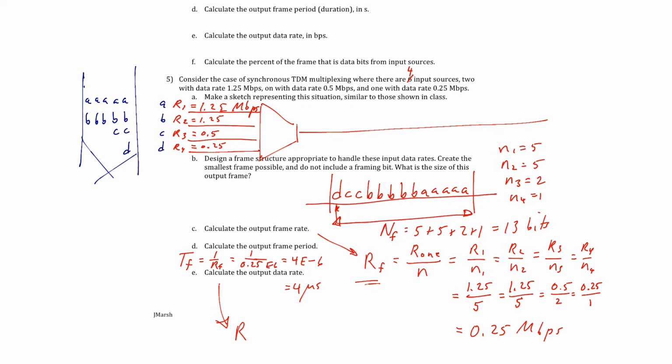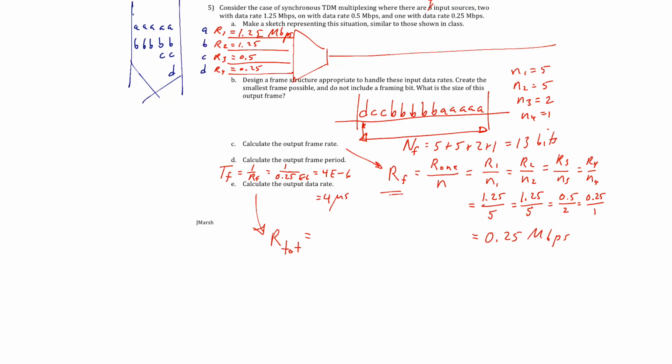Well, because there are no framing bits, it's the sum of the data rates. It's R1 plus R2 plus R3 plus R4. And this is 1.25 plus 1.25 plus 0.5 plus 0.25, which is 3.25 megabits per second for the data rate.